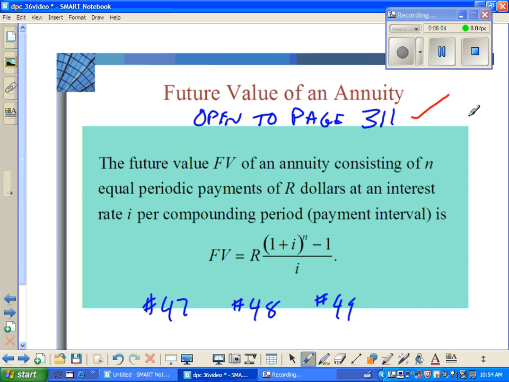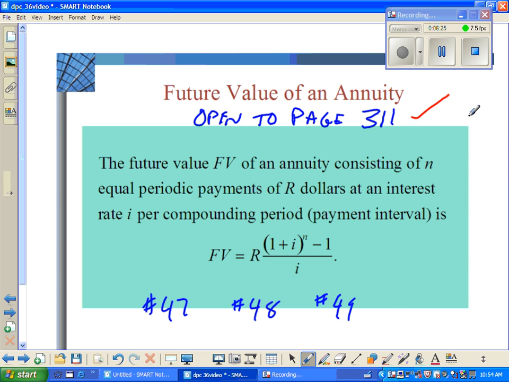For example, maybe I would have a savings plan where every month I put in $50. Now what happens is that each month I get interest. So the money I put in first actually gains more interest over the time than the money that I put in at the end. Think about that for a second.